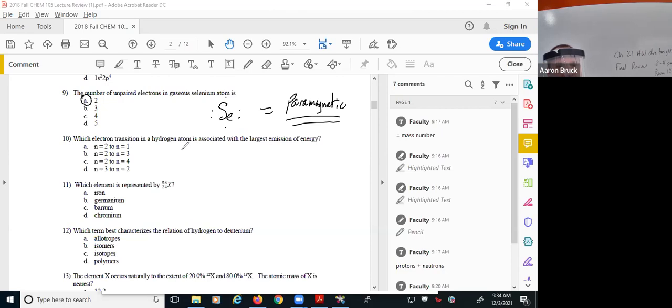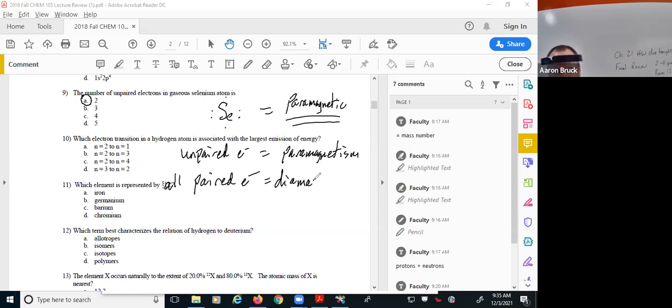So unpaired electrons are paramagnetism. All paired electrons are diamagnetism.